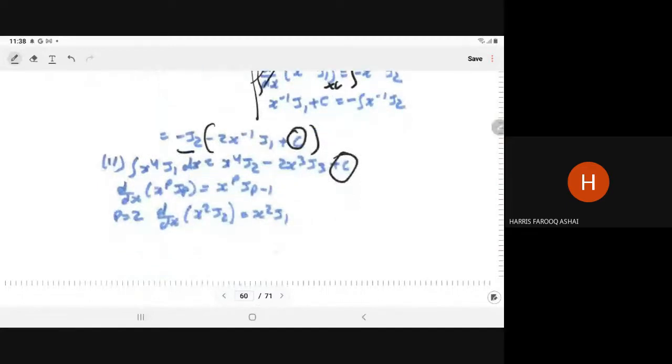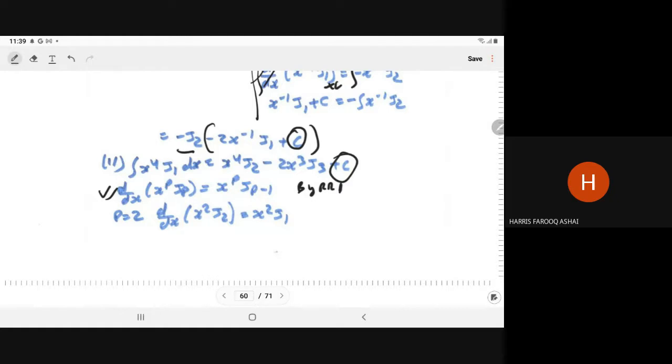Now in the second question, integral x to power 4 j1 is equal to x to power 4 j2 minus 2x cube j3 plus c. So again we know by recurrence relation 1, d/dx of x to power p j of p, right? x to power p j of p minus 1.